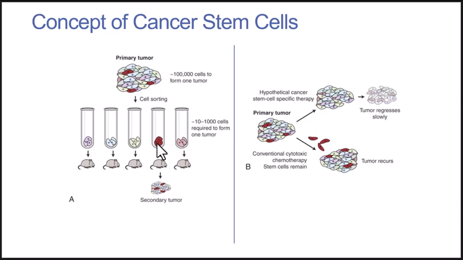The theory is that if we can use specific therapy for these stem cells, then we can kill the entire cancer. With conventional chemotherapy, all cells can be killed off except for the cancer stem cells. So over time, since stem cells still exist within the body, that's why cancer can reoccur and progress just as it did before.